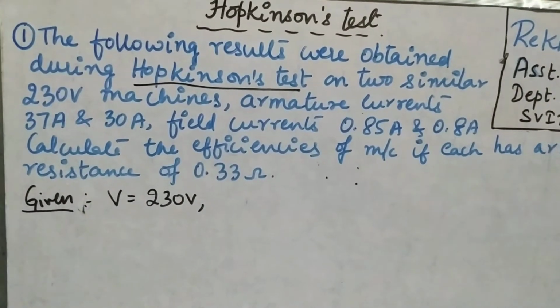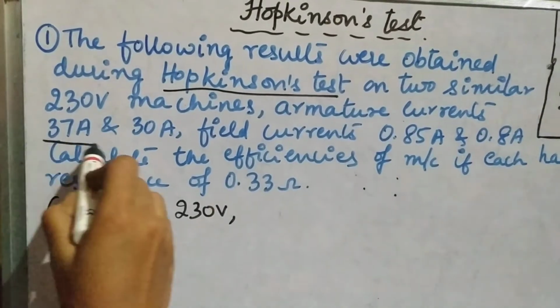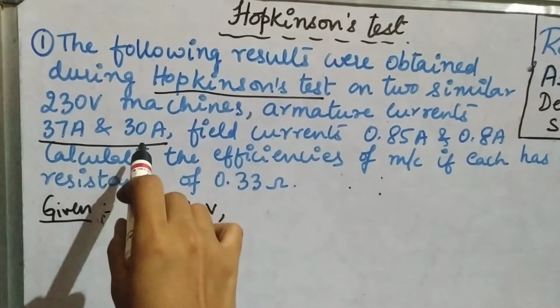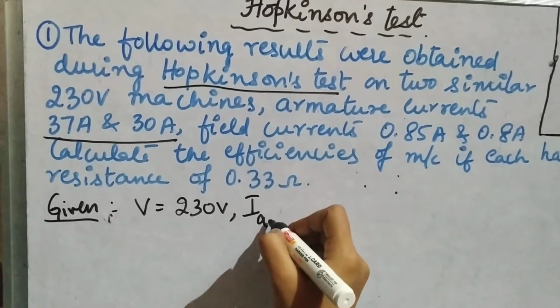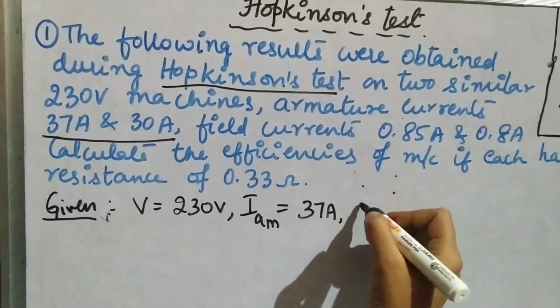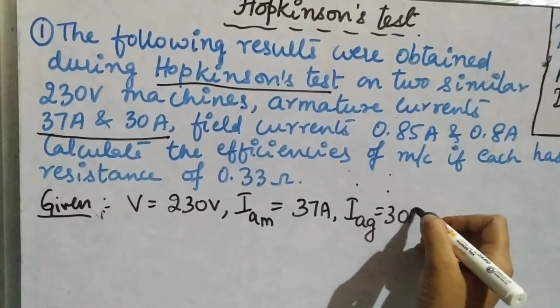They have not mentioned which armature current is which, so by default you think that the first current given is the motor armature current and the second is the generator armature current. So motor armature current IAM is 37 ampere and IAG is 30 amps.